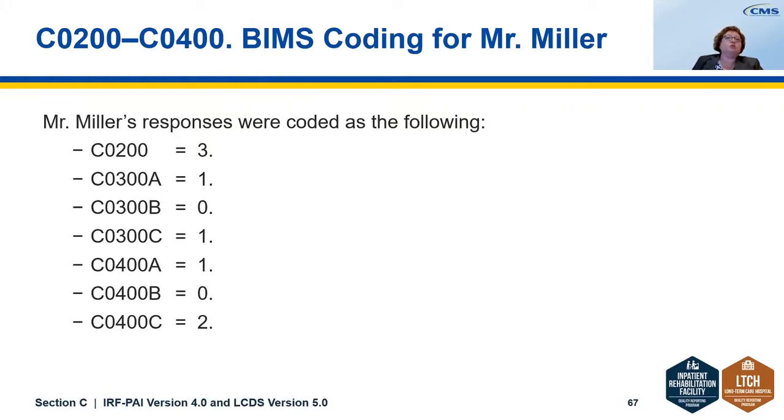So Mr. Miller's responses were coded as the following. C0200 was a 3, C0300A a 1, C0300B a 0, C0300C a 1, C0400A a 1, C0400B a 0, and C0400C a 2. So thinking about that, what is Mr. Miller's BIMS summary score?